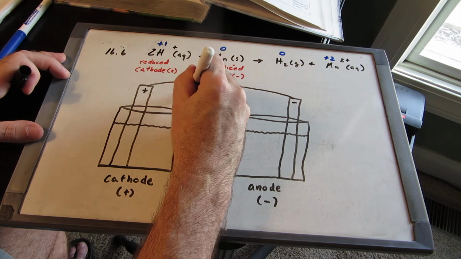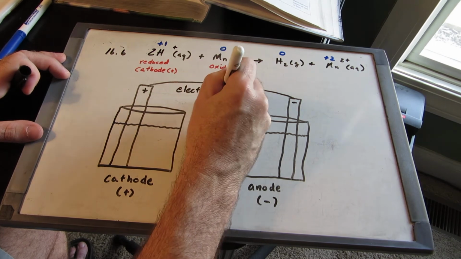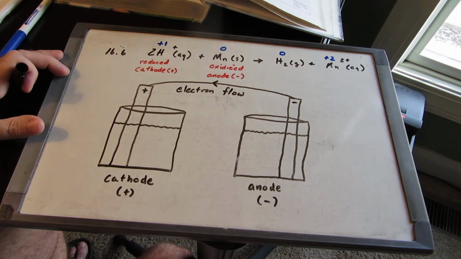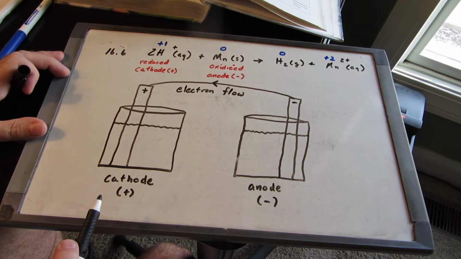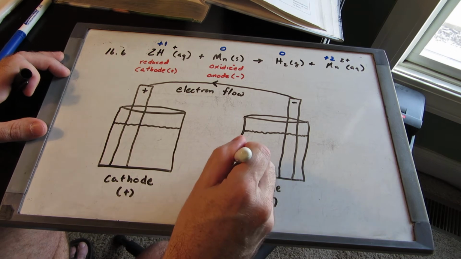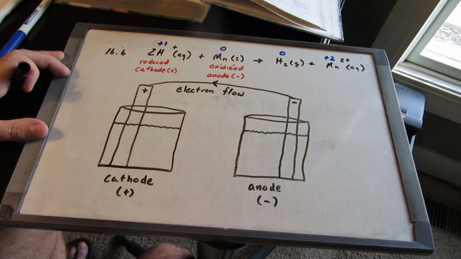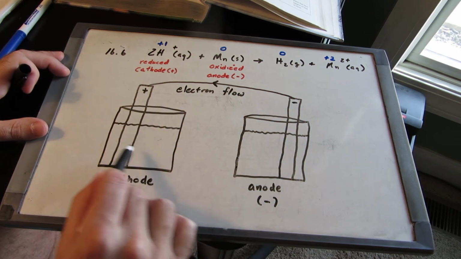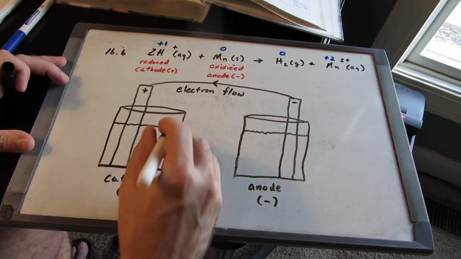So electron flow. Now, in order to keep this reaction from stopping, we need something called a salt bridge, because if all the negatives go to the positive side, eventually this side will be negative and the reaction will stop.